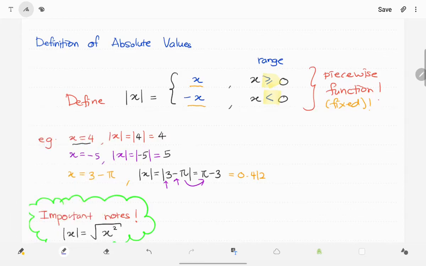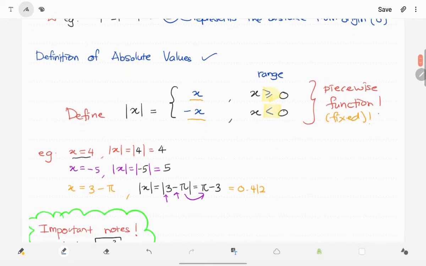Okay, so next, this is the definition. This is how to calculate the value. Find the value of absolute x. This is a very simple one. This is a definition, means you need to open up, split it up into x and negative x.